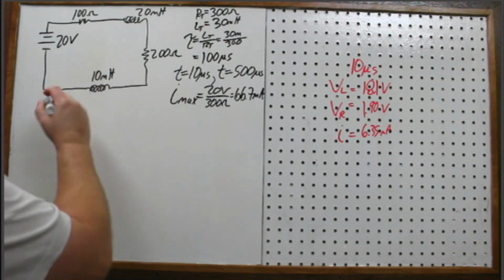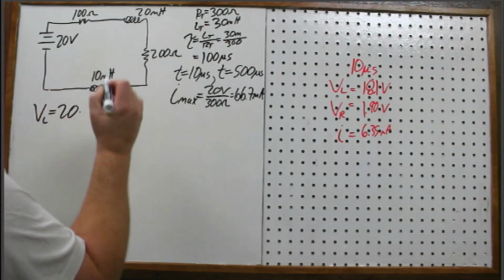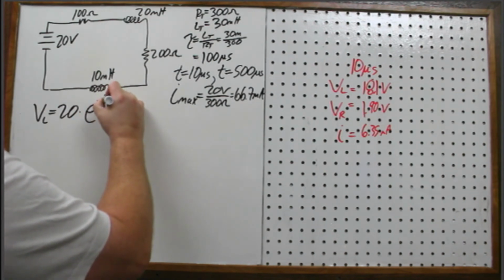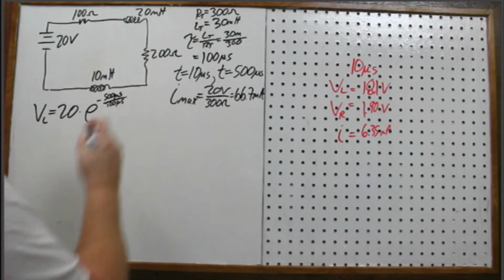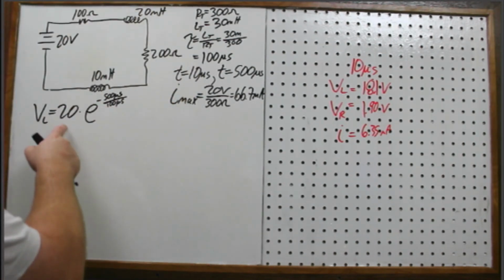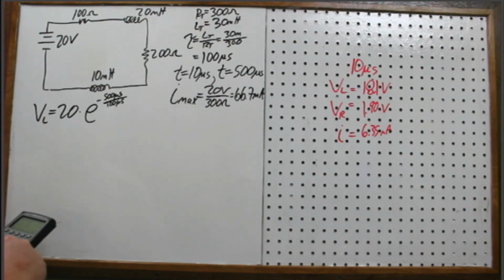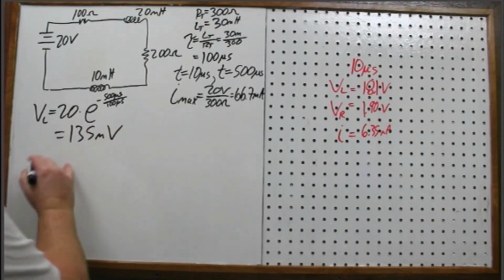So the voltage on the inductor: 20, this is decay, so e to the negative 500 micro over 100 micro. So this should be 99.33% of 20. And I get 135 millivolts, which is trivial.